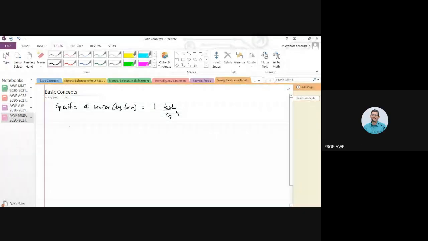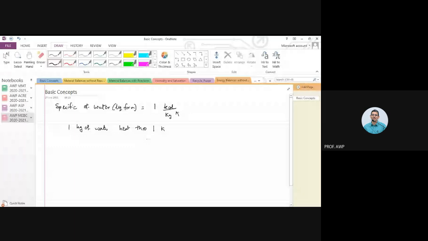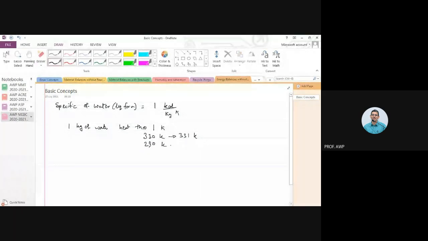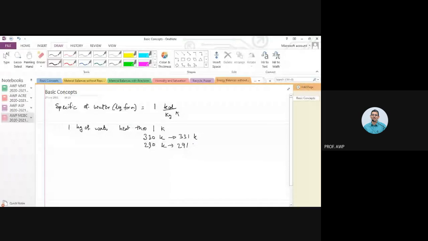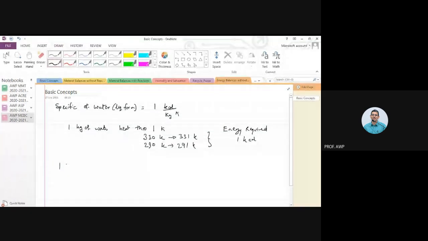So if I take 1 kg of water and I want to heat it through 1 Kelvin, let's say from 330 Kelvin to 331 Kelvin, or 290 Kelvin to 291 Kelvin, the amount of energy required is 1 kilocalorie, right?